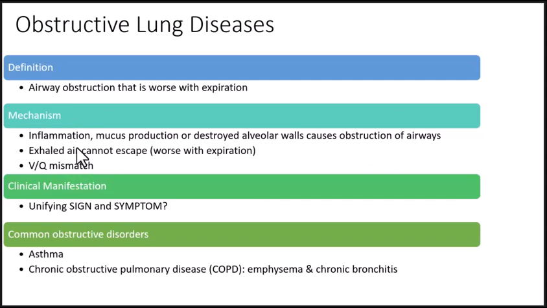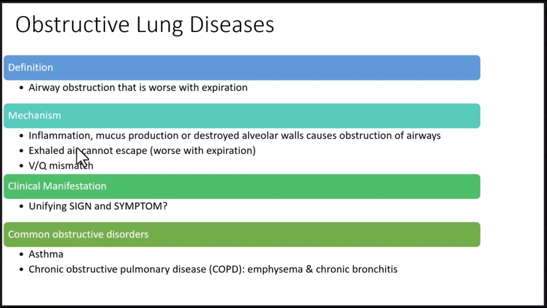air. Individuals are going to have an increased workload of breathing. They're going to have this mismatching of ventilation-perfusion ratio. And they're also going to have a decreased forced expiratory volume in 1 second. So that's written as FEV1.